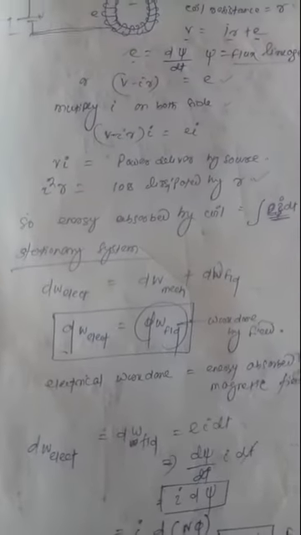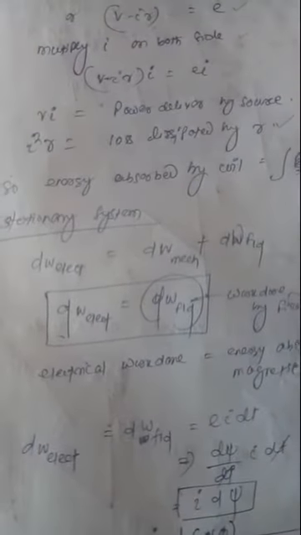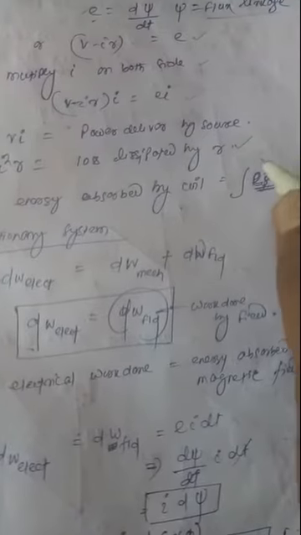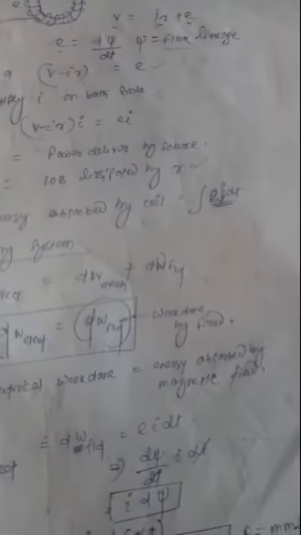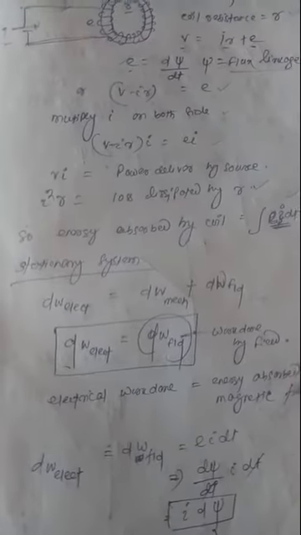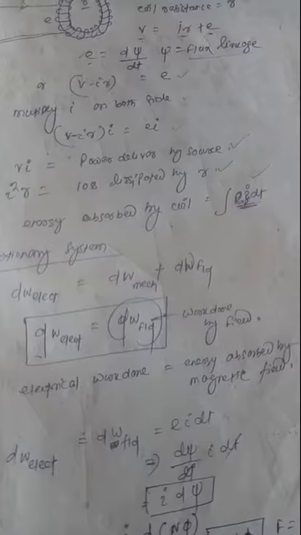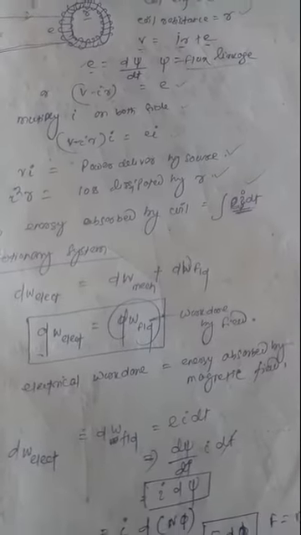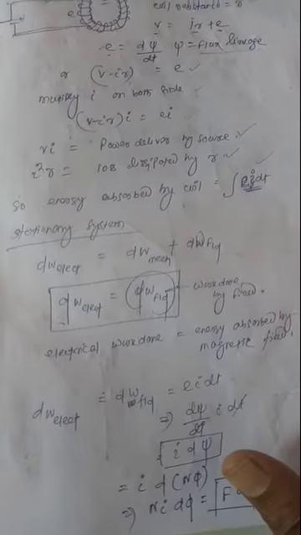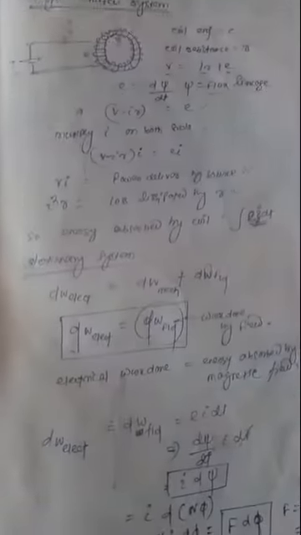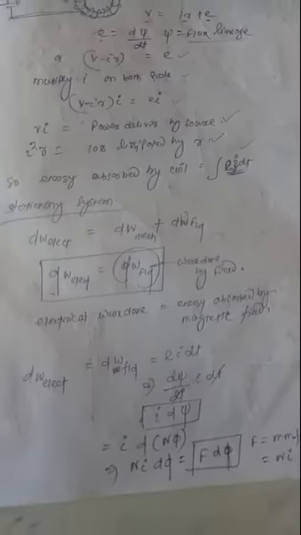So the energy absorbed by the coil is equal to the integration of EI dt, the sum of all the energy. So this is the energy absorbed by the coil, then the power delivered by the source, then the power dissipated across the resistor R. Now consider a stationary system, as well as a moving system.